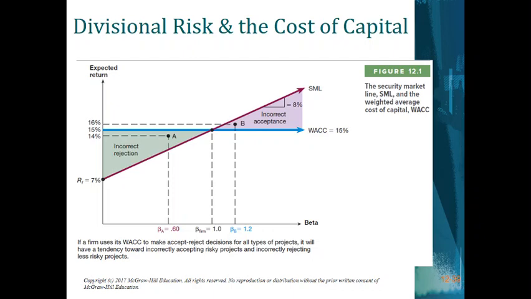So that would be a situation like where we saw project A being rejected. Also, we saw the occurrence of incorrect acceptance, where we accepted B because the return was greater than the 15% WACC, but because it's more risky, the actual required return is 16.6% after considering the risk.